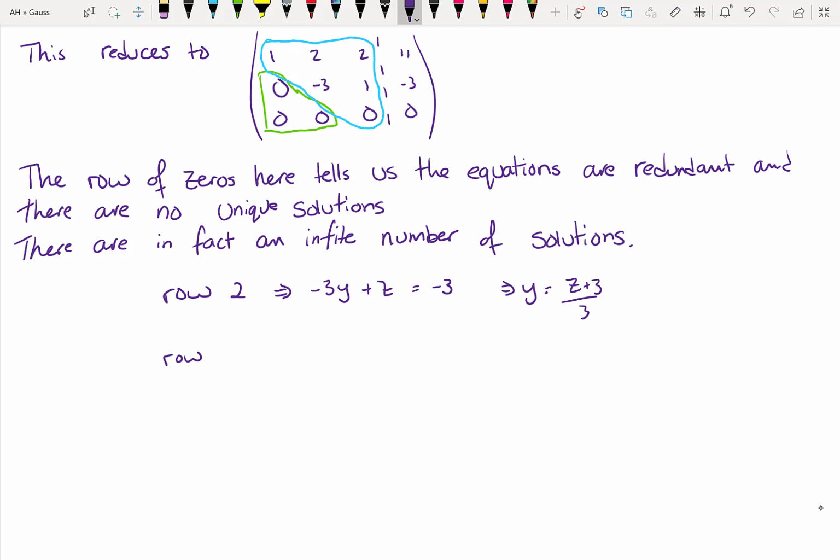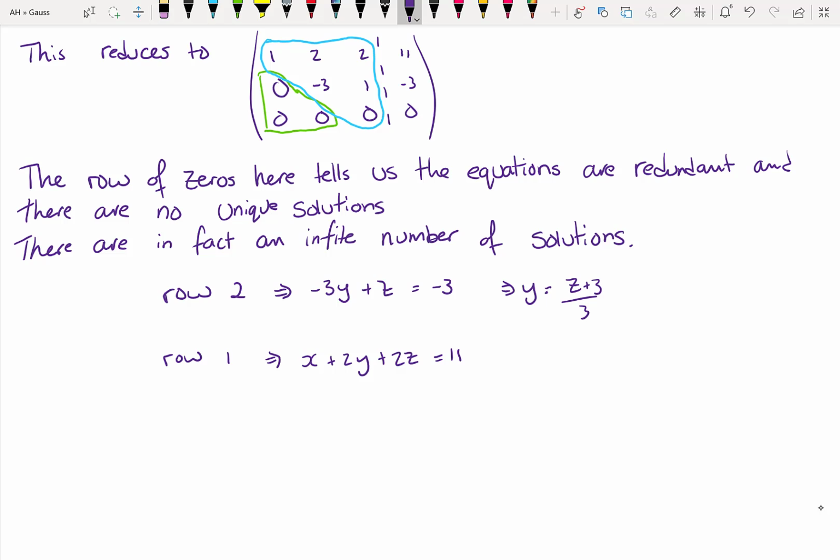Okay, I can use my top row, which I guess I wrongly called row 3, let's call it row 1, let's be consistent, ironically. x plus 2y plus 2z equals 11. And what I'm going to do is use this version of y.